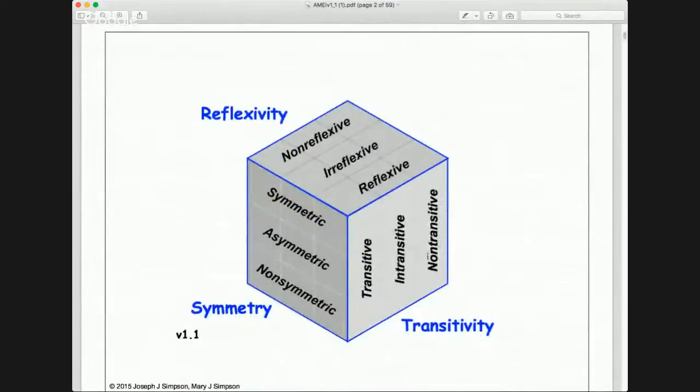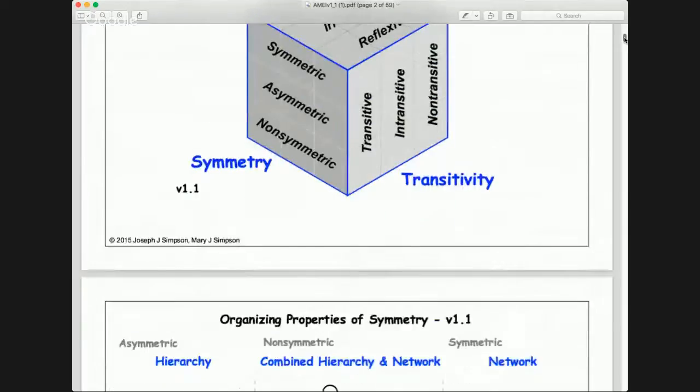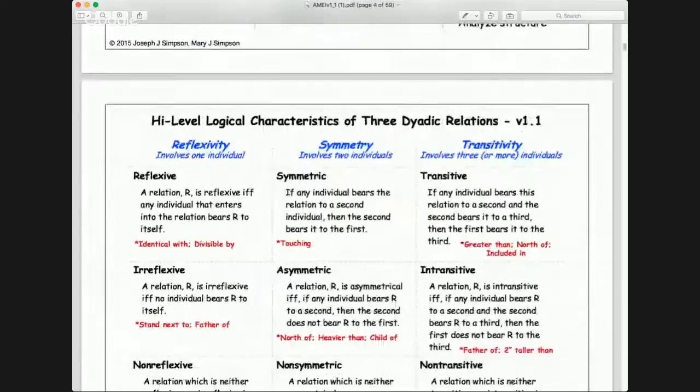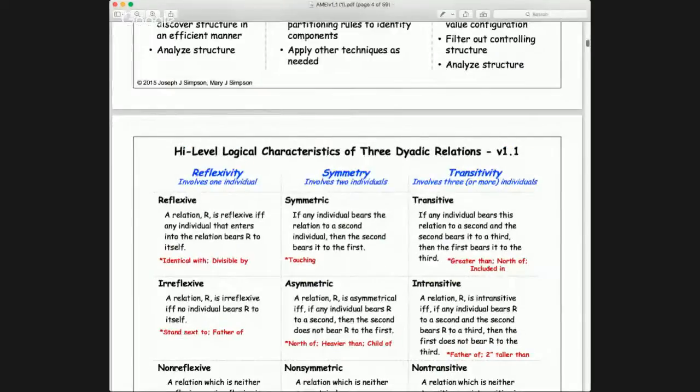One of the reasons that we chose to use all three of these logical properties as a group, you'll see here, see if I can get the whole slide set. Yeah, right here we go.